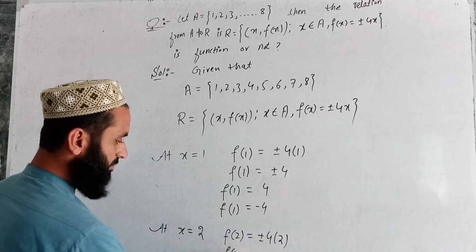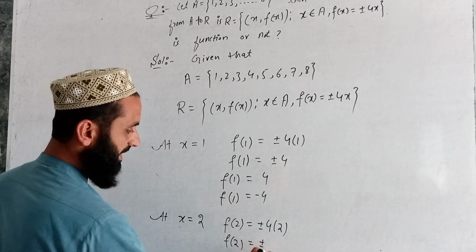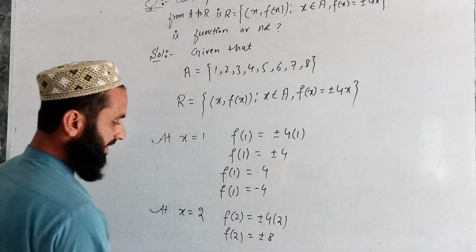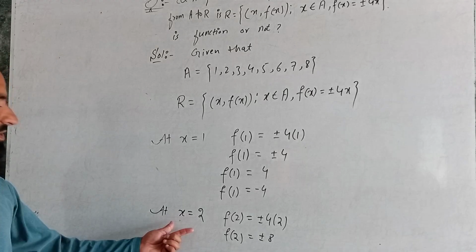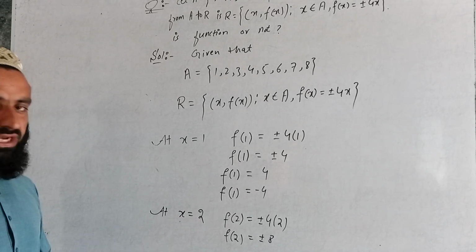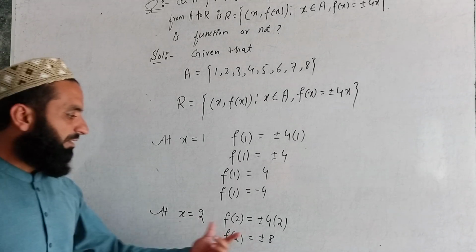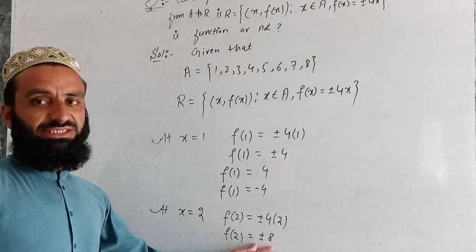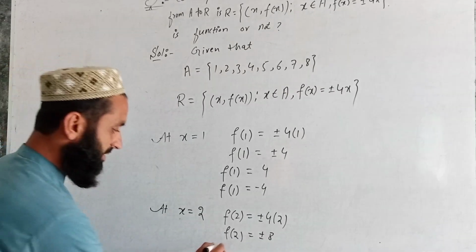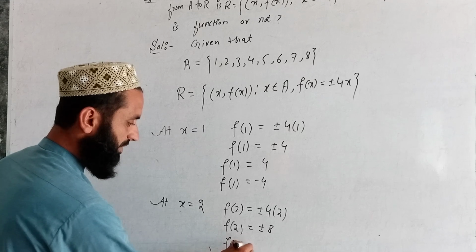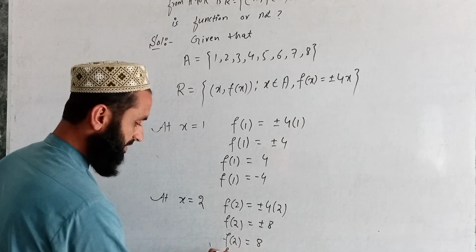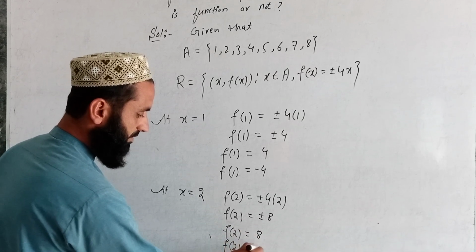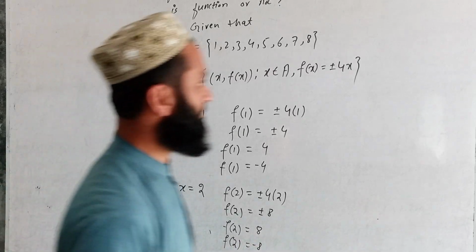So f(2) equal to plus minus 4 twos are 8. That means that at x is equal to 2, there exist two values of y, which is plus 8 and minus 8. f(2) equal to plus 8, f(2) equal to minus 8.